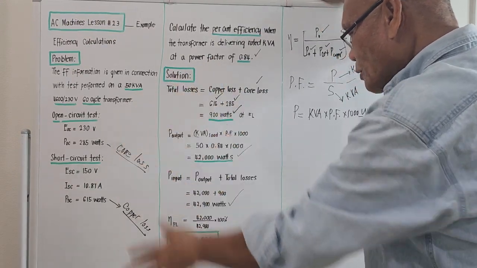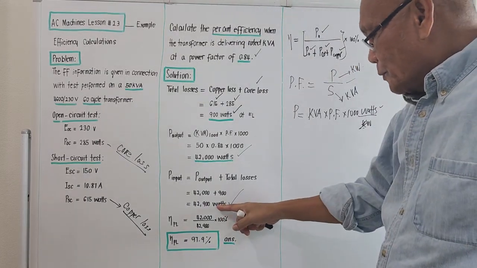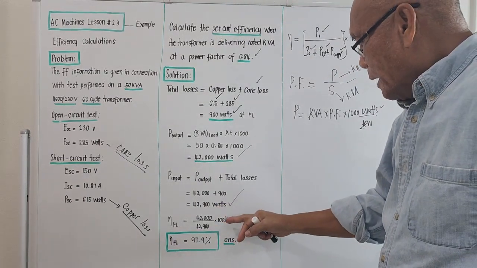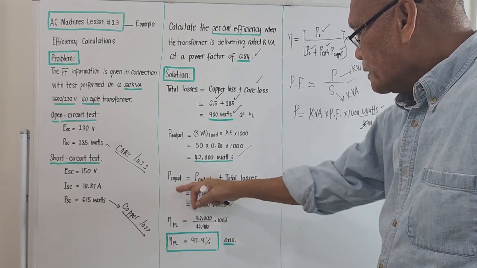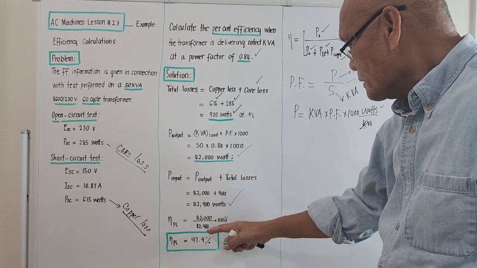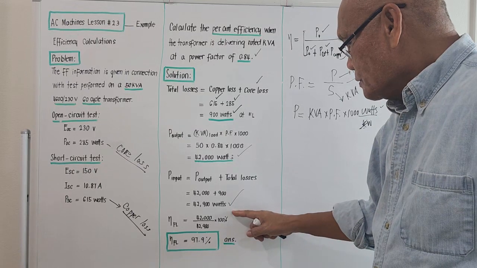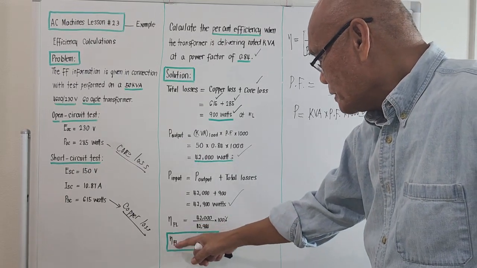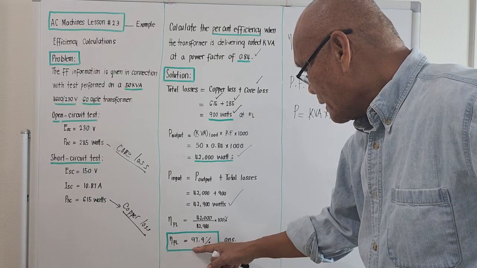Okay, so if we try to compute for the efficiency, efficiency is power output over power input. Power output is 42,000. Power input is actually the power output plus total losses, which is 42,900. So this is 42,000 over 42,900 times 100%. So the efficiency now with the subscript FL, meaning at full load, is 97.9%.